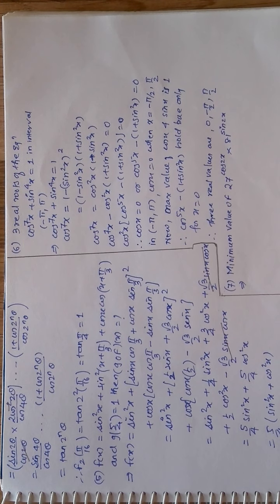Another beautiful question. It says find the minimum value of 27 raised to cos 2x plus 81 raised to sin 2x.